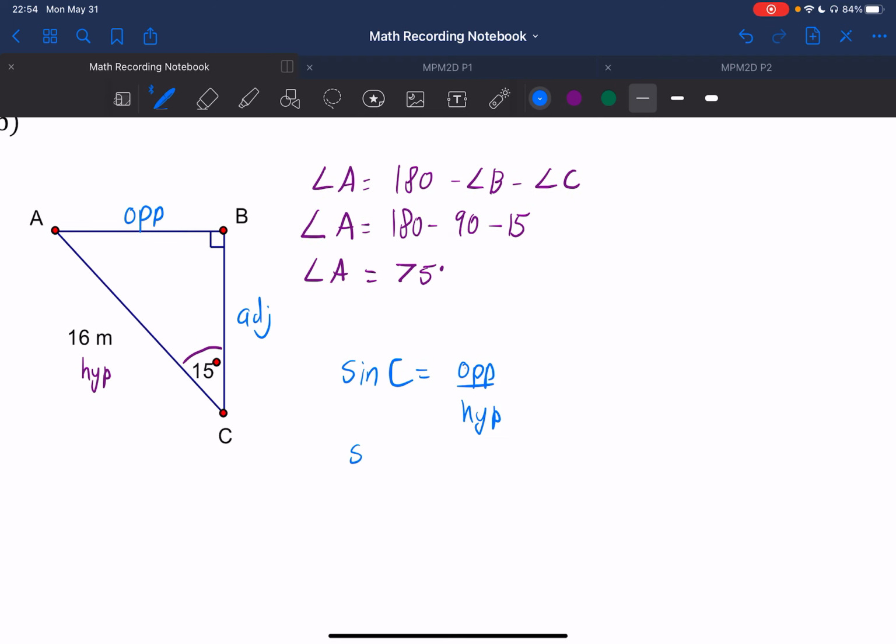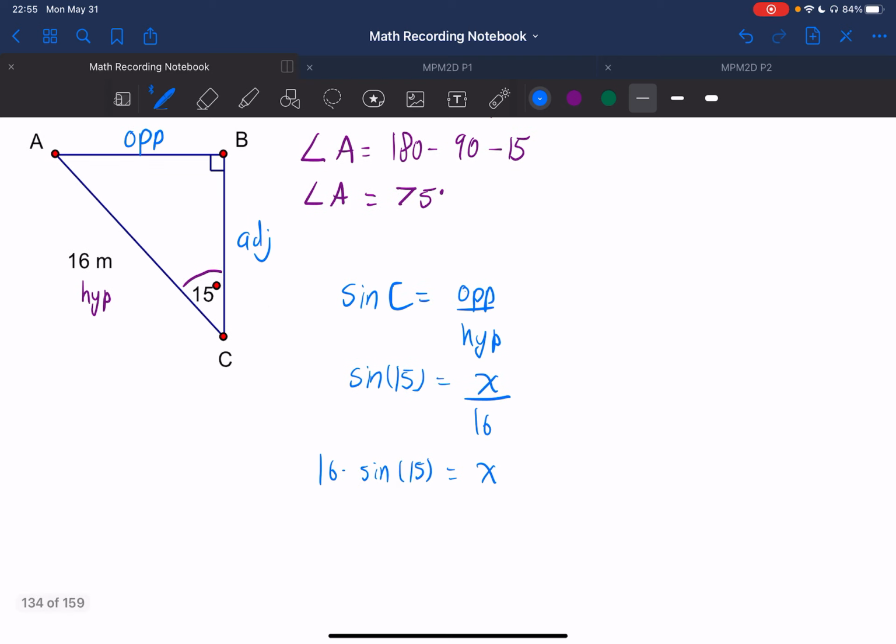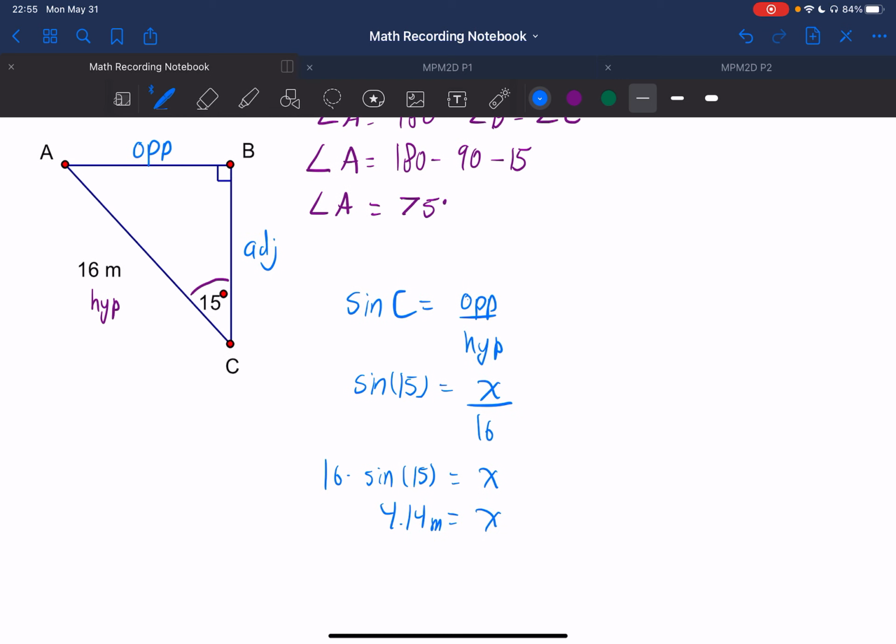And I know that C is 15, so sine 15 equals x, because I'm still trying to find that out, over 16. I'm going to rearrange for x. So 16 times sine 15 gives us 4.14 meters. So that opposite side is now found.